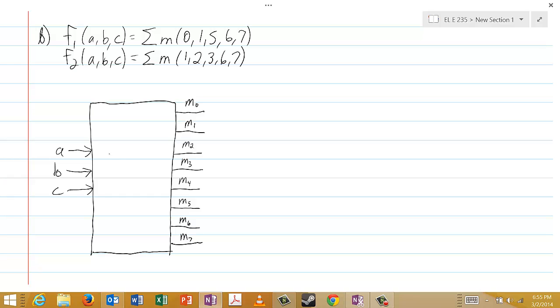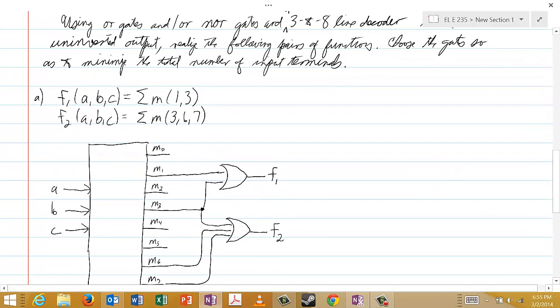And remember that our instructions were to use either OR gates or NOR gates, and you can see this second sentence in the directions. It says choose the gates so as to minimize the total number of input terminals.